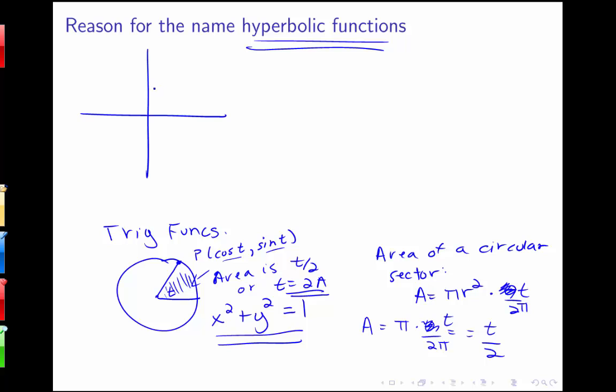So the reason that we're drawing that connection is that when we talk about our hyperbolic functions, if I have a hyperbola, now a hyperbola has equation x squared minus y squared equals 1.